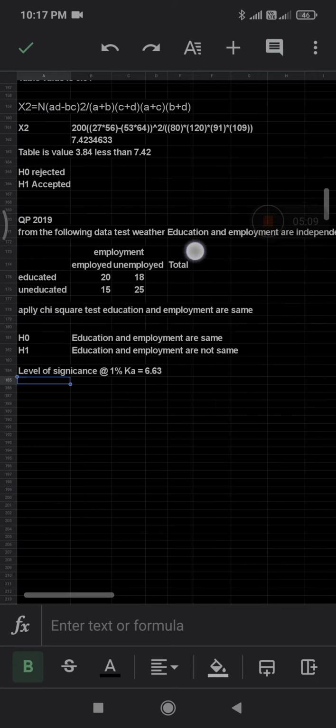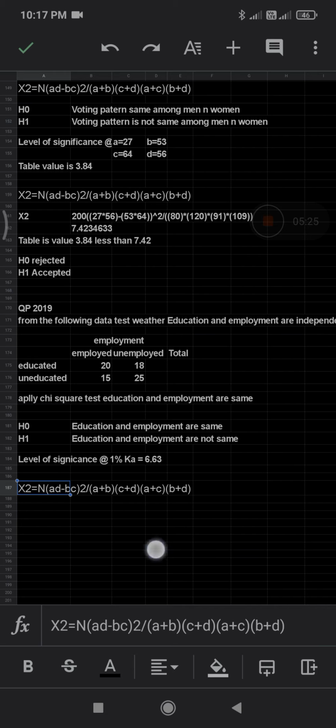Next, we are going to apply the formula. The formula is chi-square equals n into (AD minus BC) whole square, divided by (A plus B) into (C plus D) into (A plus C) into (B plus D).